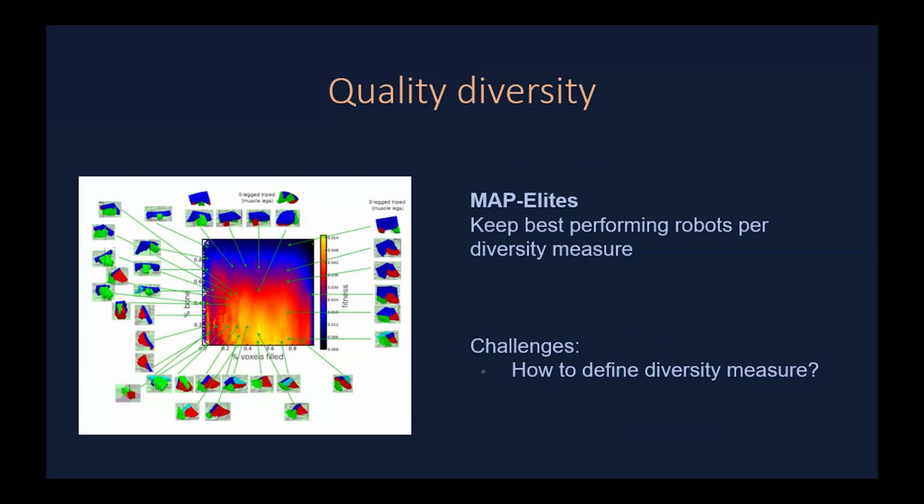Then for every bin in the map, you save the best robot, and then you get a new robot and optimize it. This way, population diversity is preserved, but we still keep the best of every bin.